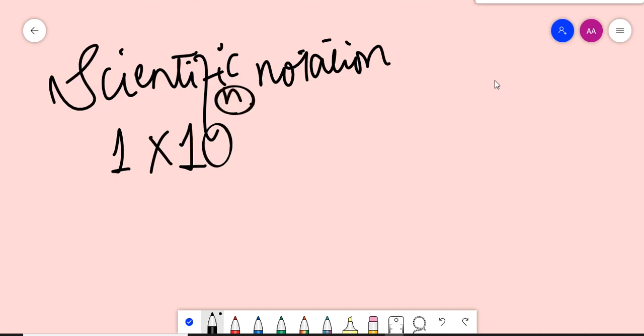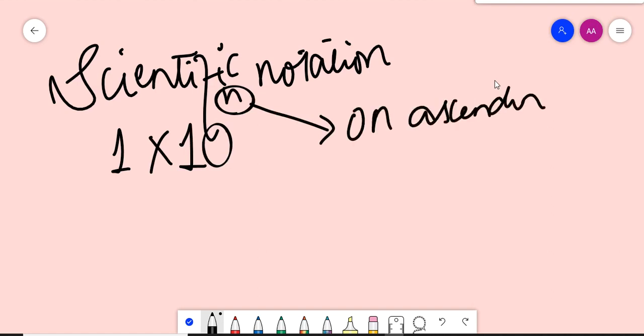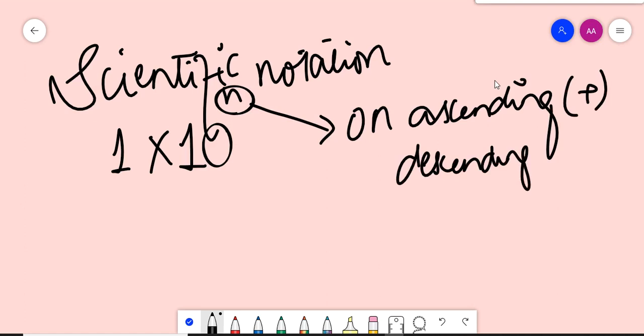Fine. And here n can be in ascending order, like plus, or in descending order, that is minus. We can take an example of both of them.